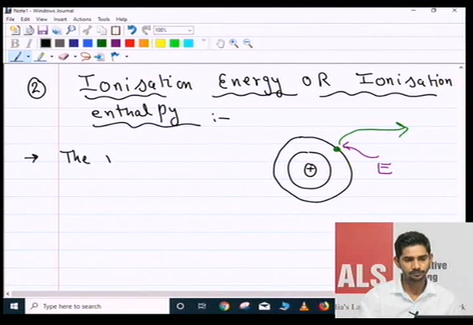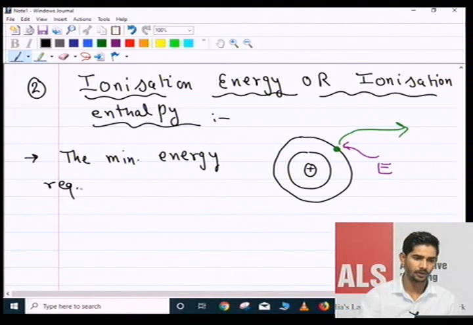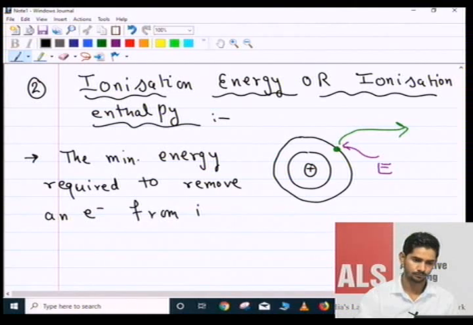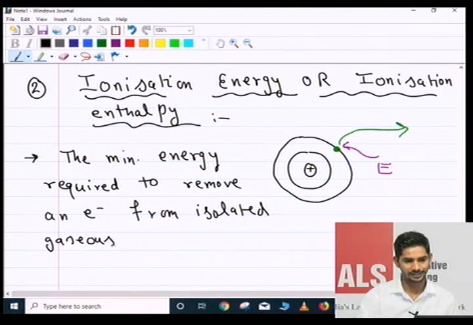The minimum energy required to remove an electron from an isolated gaseous atom.